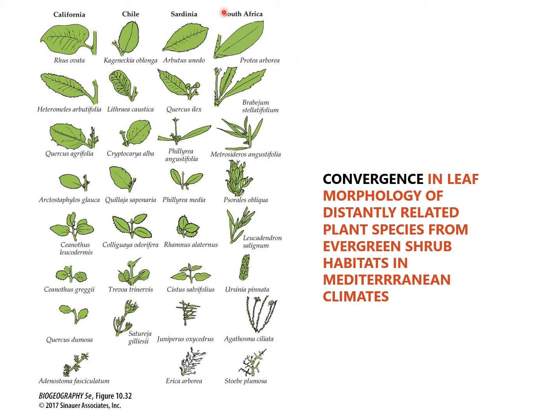If we look at South Africa, Sardinia, Chile, or California, we see these groups of plants that form similar morphology types, and it's basically due to the fact that they have similar evolutionary pressures. There are strong evolutionary controls over the shape of a leaf.